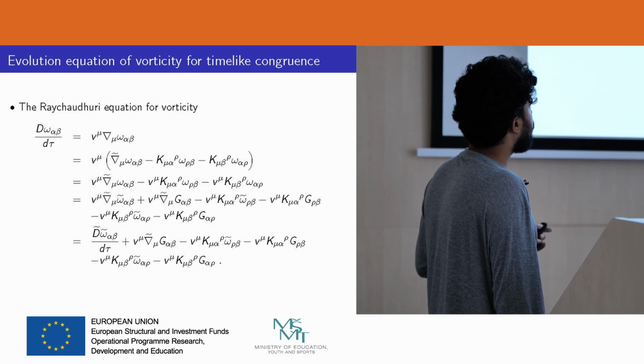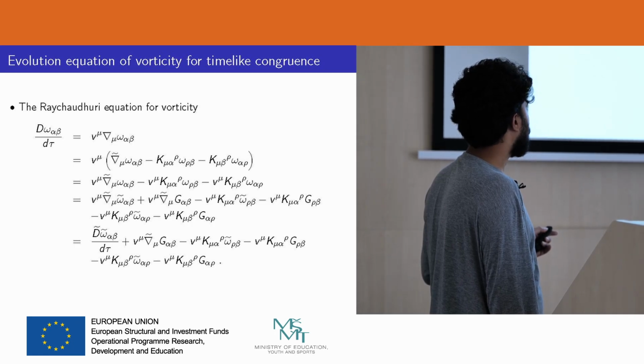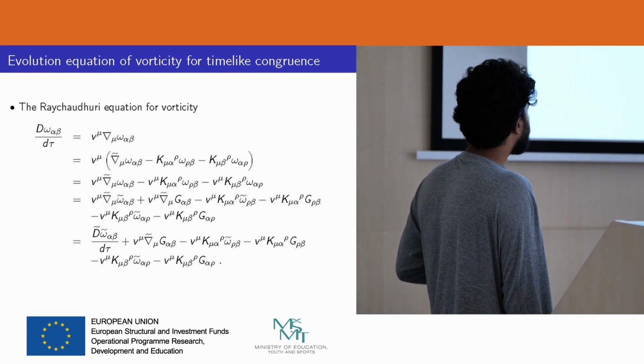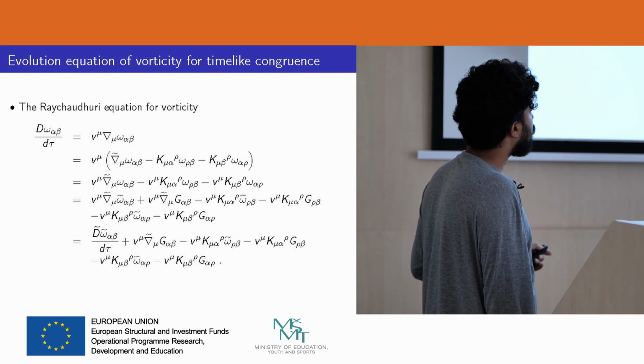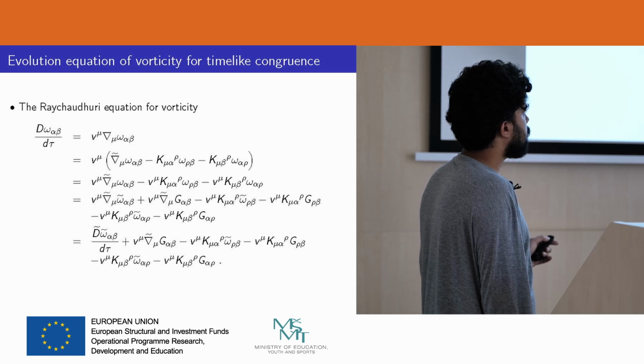If we expand this antisymmetric combination of the perpendicular component of B, then we see that this G alpha beta is the contribution coming from the torsion, and this is the Levi-Civita part.